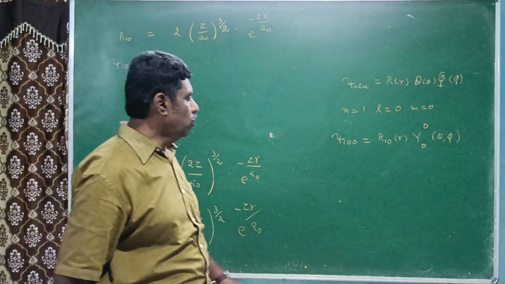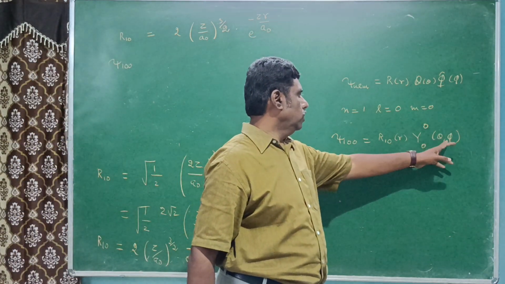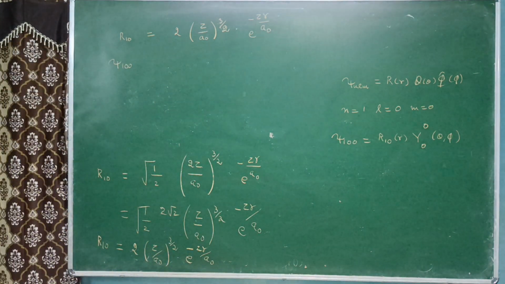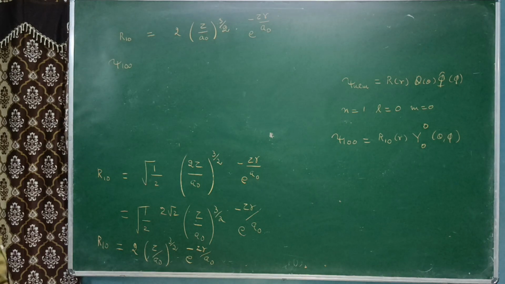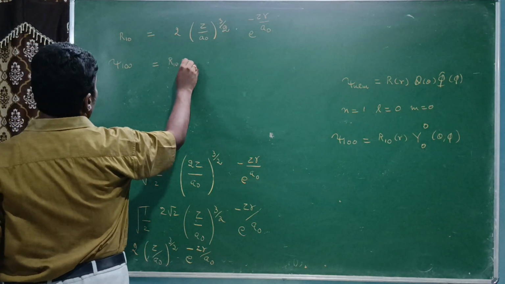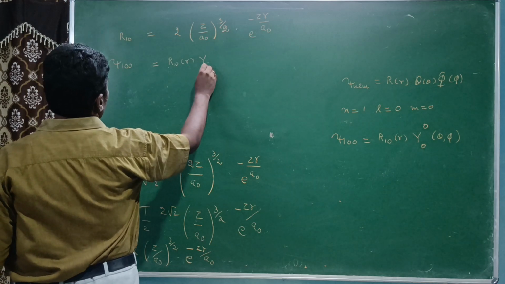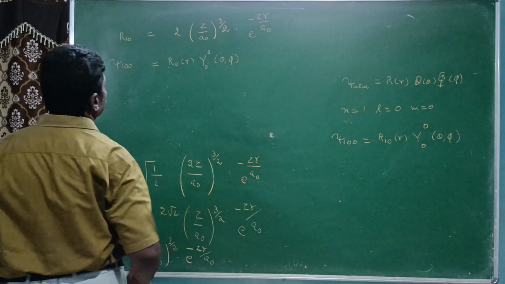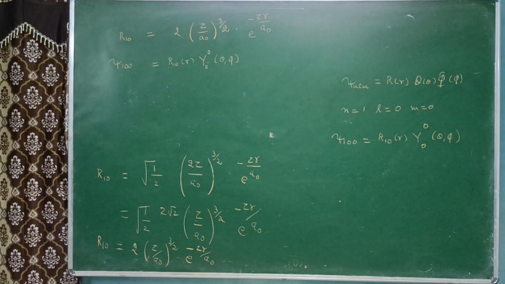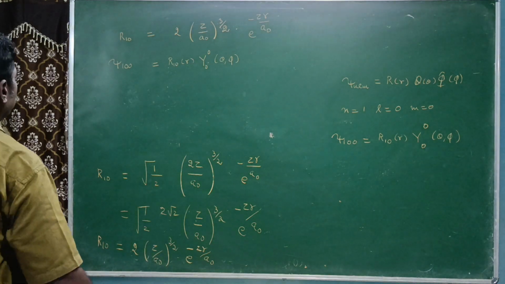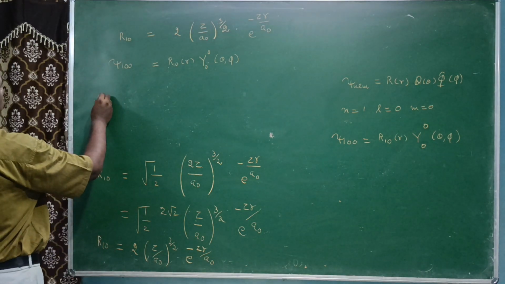Now, in order to find out Y 0 0 of theta phi, we have to use our theta equation and phi equation. So psi 1 0 0 is equal to R10 of r into Y 0 0 of theta comma phi. This is the ground state eigenfunction of the hydrogen atom. Now, the theta equation is known to you.